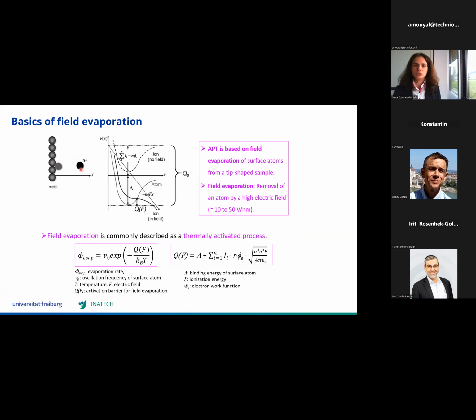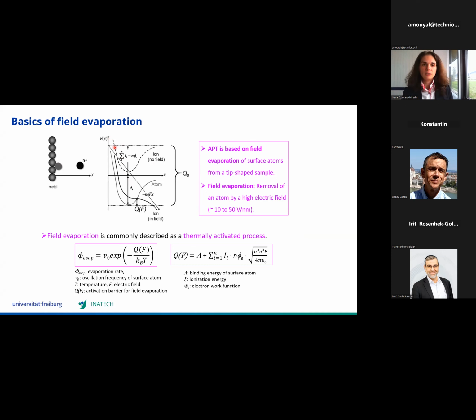So what does the potential diagram look like? Basically, we have here the potential curve for the atom in gray, and we see that we have a huge barrier. If we would extract an atom, we need to overcome this huge barrier to extract an atom from the surface of the metal, and physically, this is almost impossible.